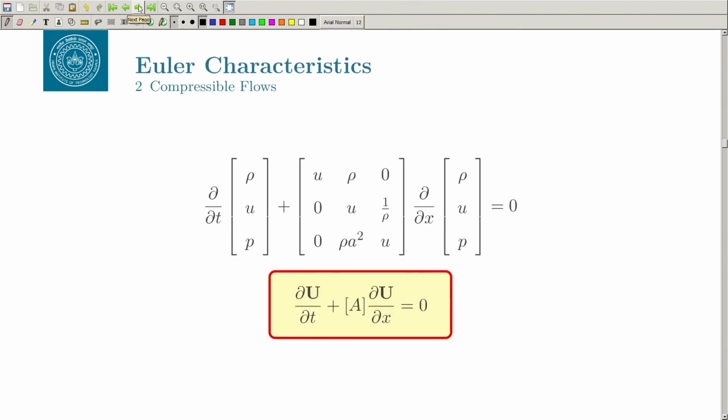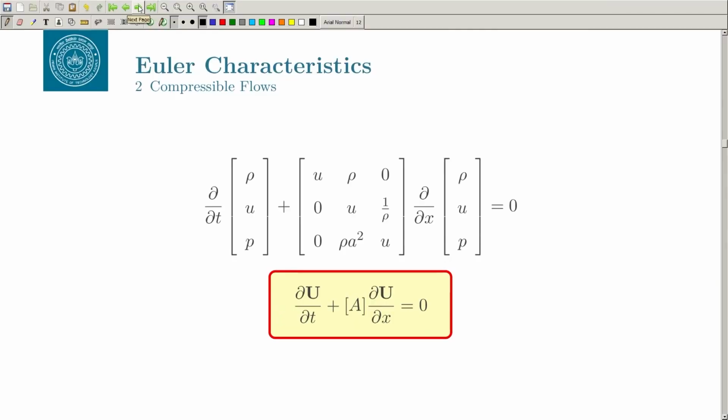Now, what we will do is analyze the Euler equations for a compressible flow. Why are we going to do that? Because we know that these compressible equations are dominantly hyperbolic in nature, and for hyperbolic equations, as we have seen when finding the characteristics, they will have real eigenvalues.